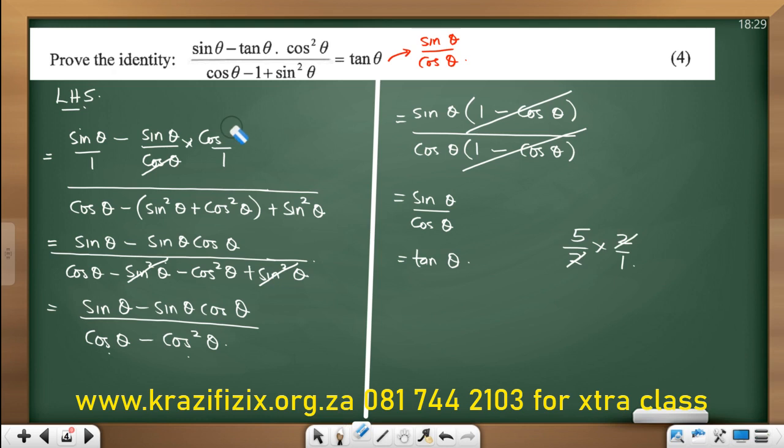Because what this cos squared theta means, if I were to break it down, what does cos squared theta mean? It means cos theta multiplied by what? Cos theta, if I do it that way. And it's over 1 over 1. We're not cross multiplying. It's just with algebra, when you with fractions, you multiply the top.